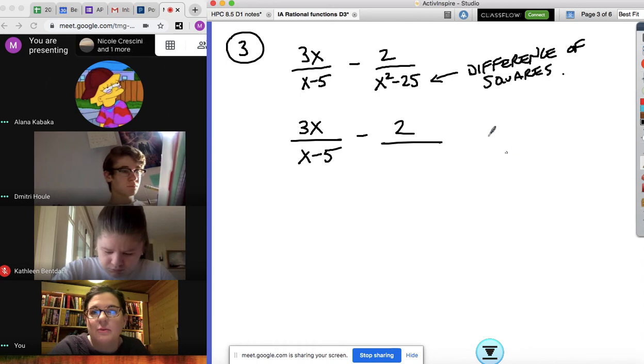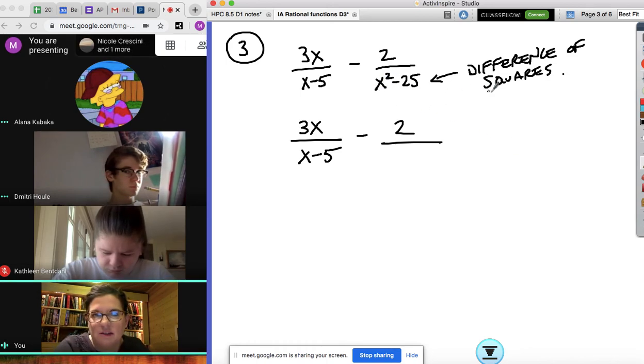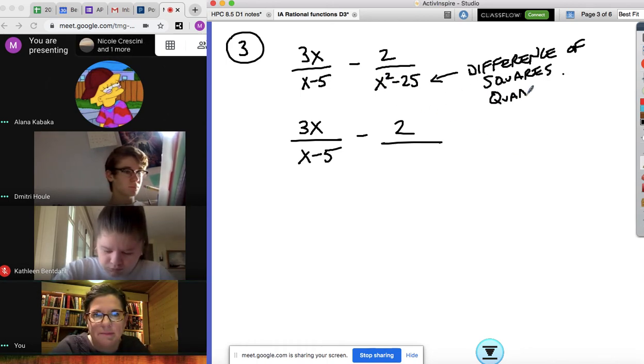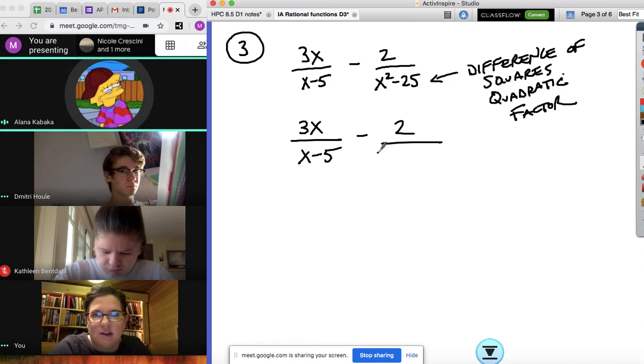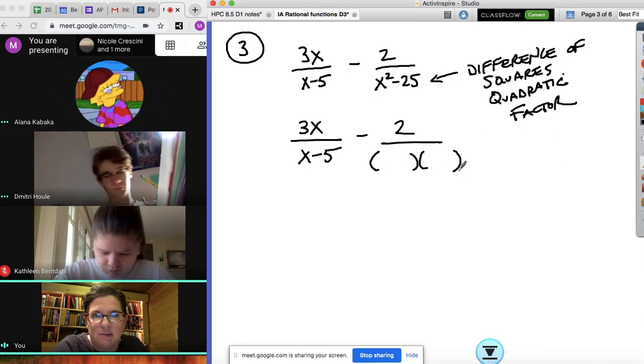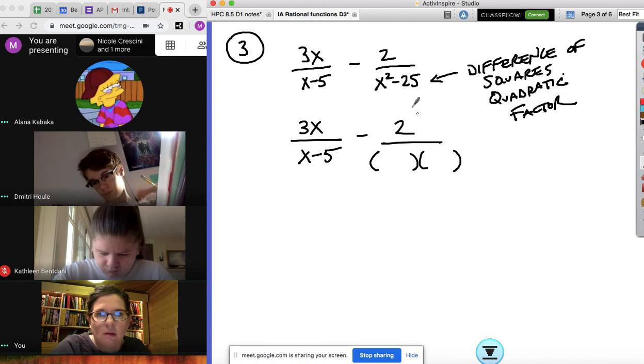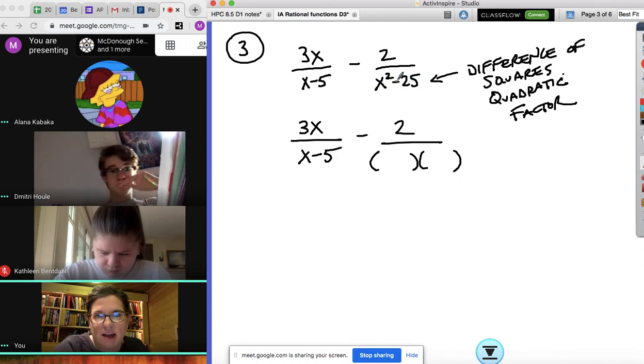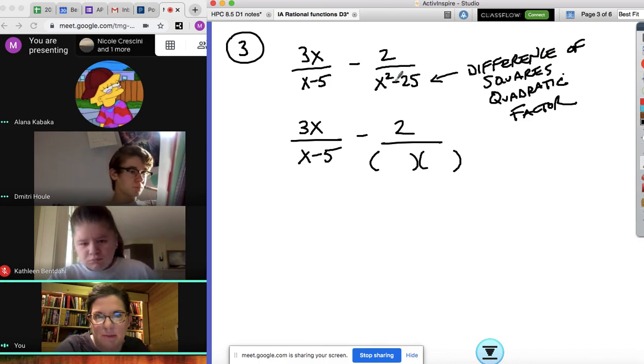The giveaway is that we have an x squared, so it's a quadratic. So it might factor. And factoring, you know, remember, is like when you've got your two sets of parentheses. Also, when you have a subtraction sign, this only works for subtraction. That's why it's called difference of squares. So it has to be two terms with a minus sign.